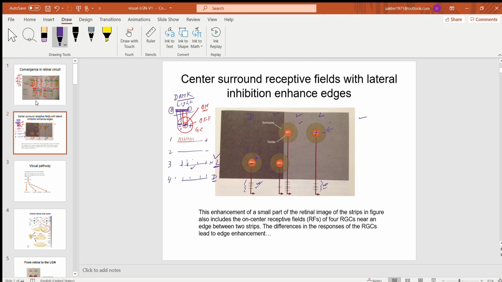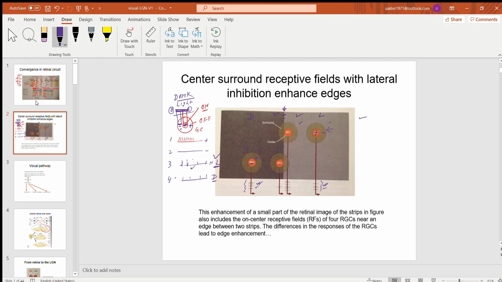However, those ganglion cells are in this area where the edge is. Now you see they will be activated differently.